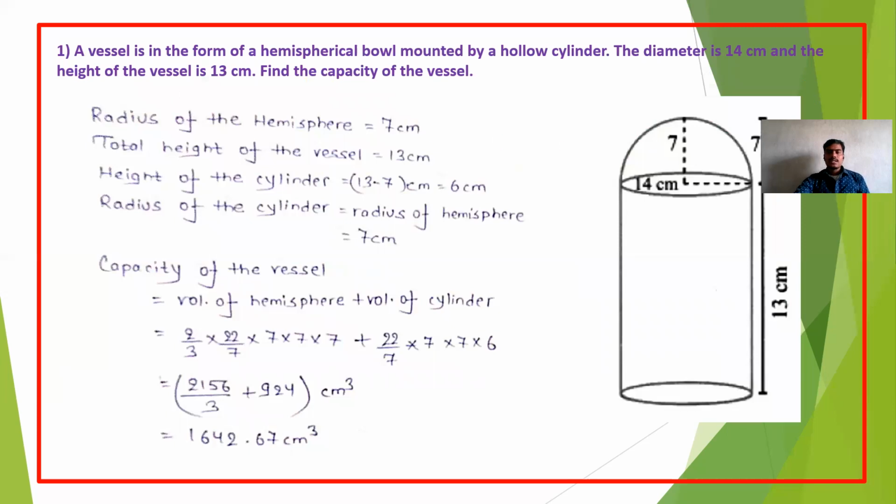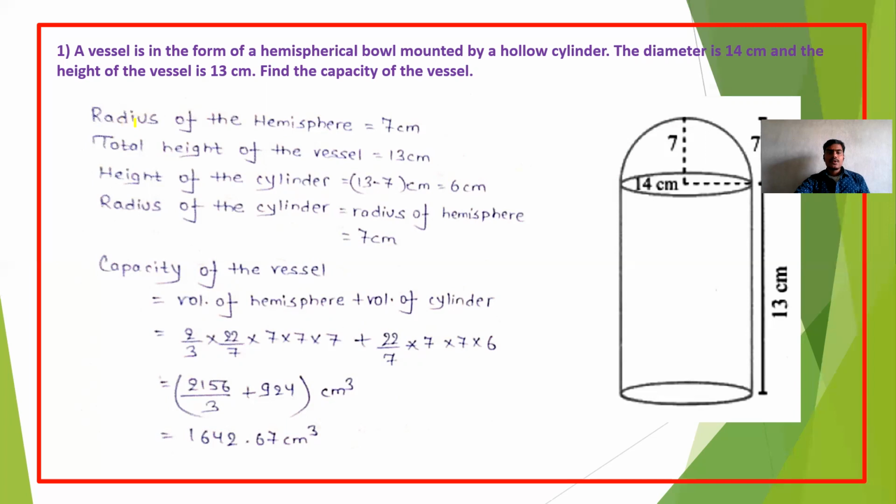Let us draw the vessel. In the question it is given that the hemispherical bowl is on the top surface of the cylinder. That is, the base of the hemisphere and the base of the cylinder are the same, coinciding.